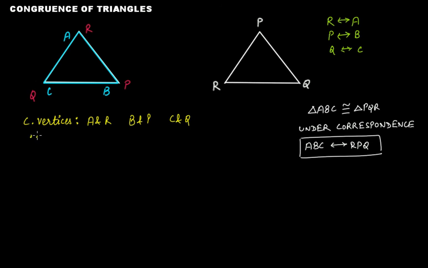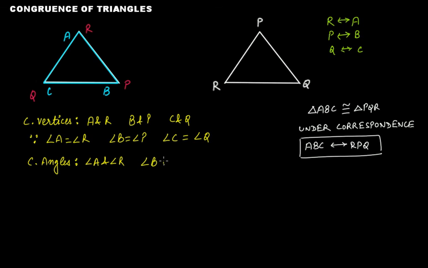Now, from these corresponding vertices we can say that angle A is equal to angle R, angle B is equal to angle P, angle C is equal to angle Q. That's why I will say that corresponding angles will be angle A and angle R, angle B and angle P, angle C and angle Q. Right?